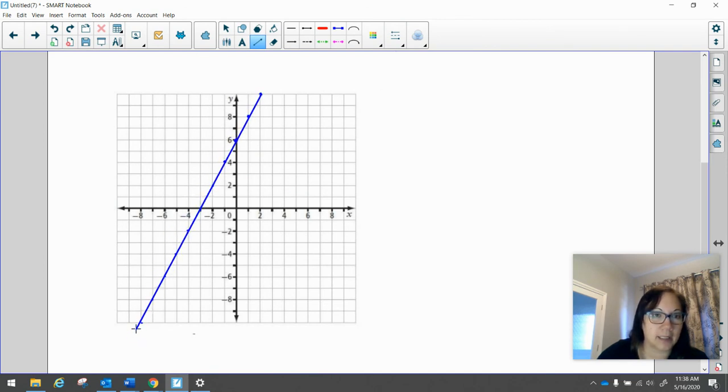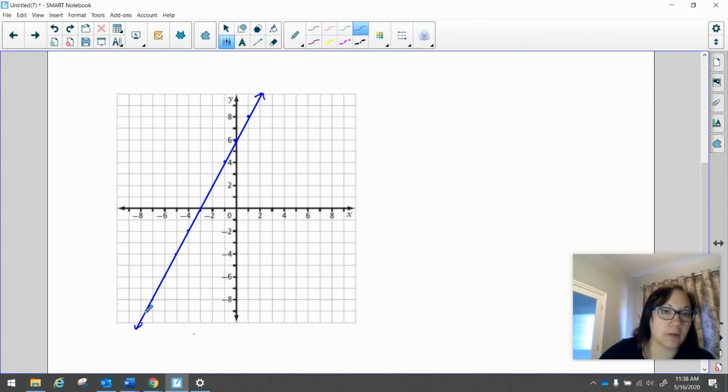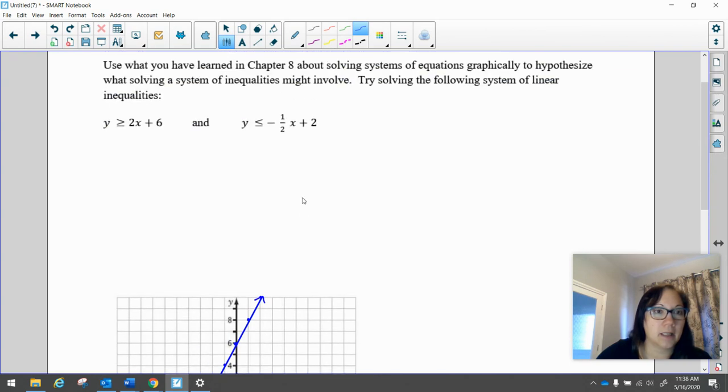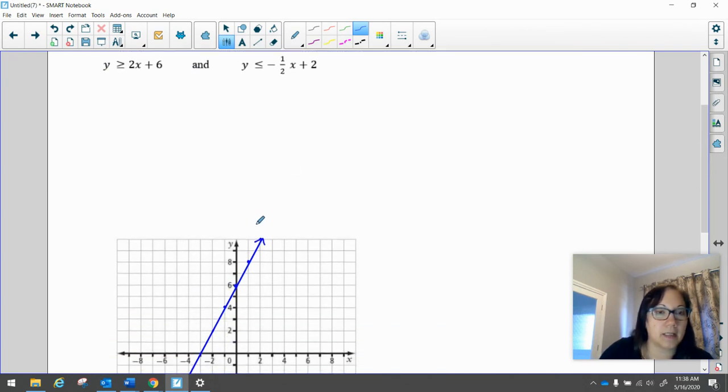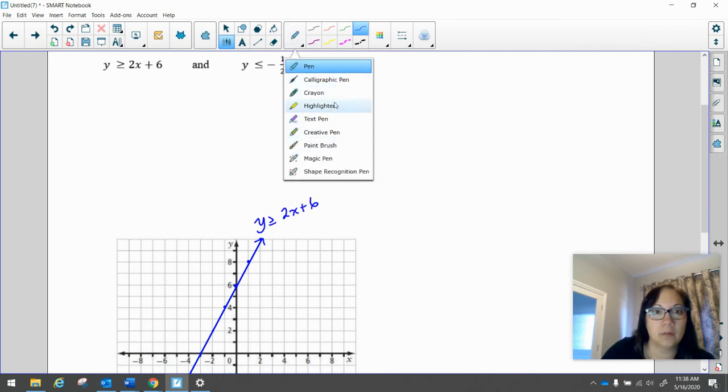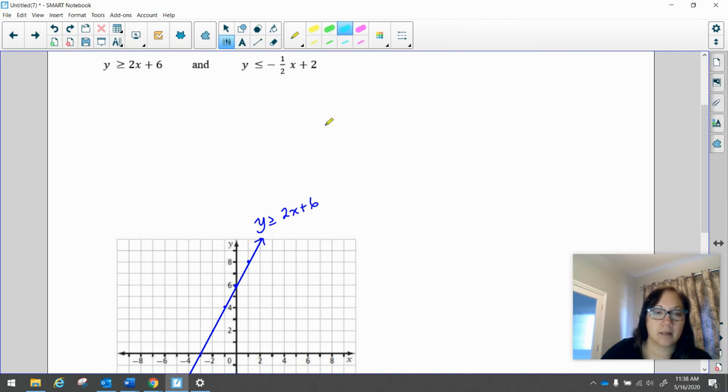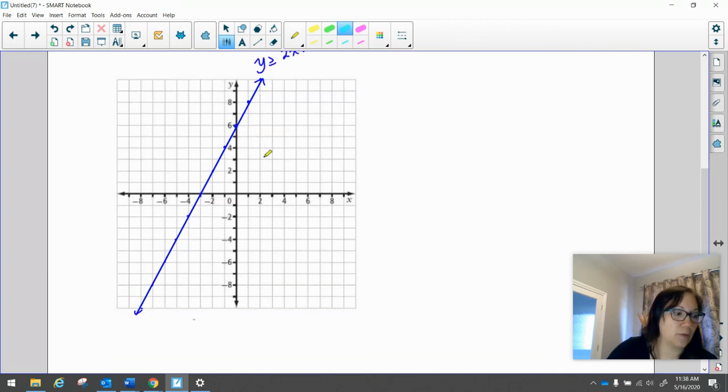I should now label this line because I'm going to have more than one line on here. So this is the line representing y is greater than or equal to 2x plus 6. I'm going to shade this in blue highlighter just to show what this solution region is.